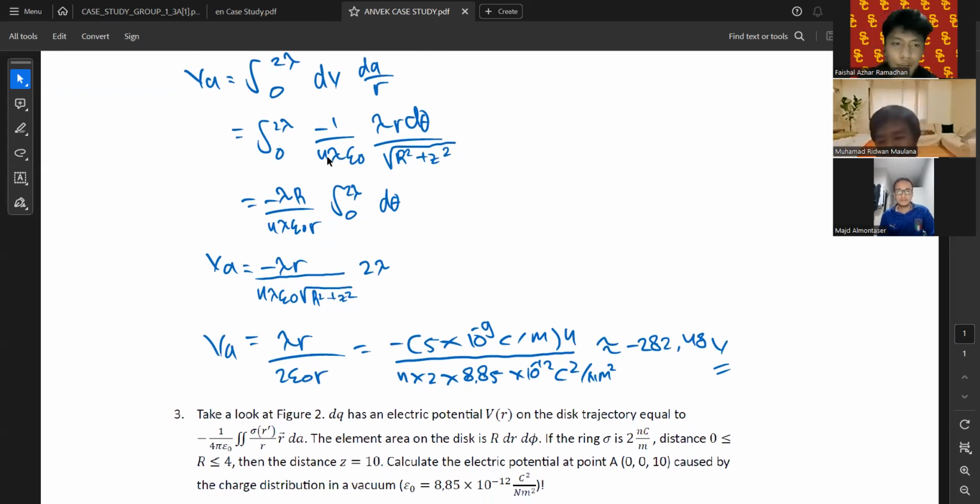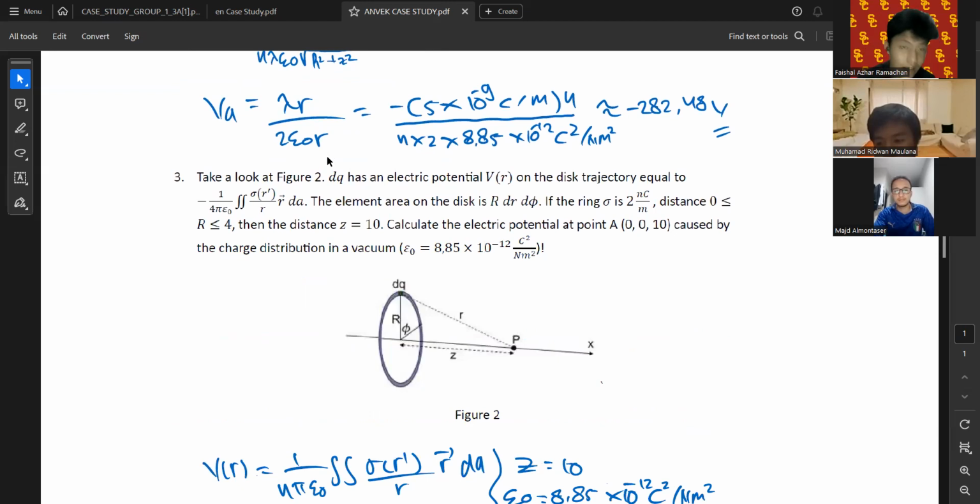Okay, and the next question, number 3, is take a look at figure 2. The dq has an electric potential V(r) on this trajectory equal to 1 over 4 pi e naught, double integral of sigma r' over r vector dA, and the element area on the disk is r dr d theta.